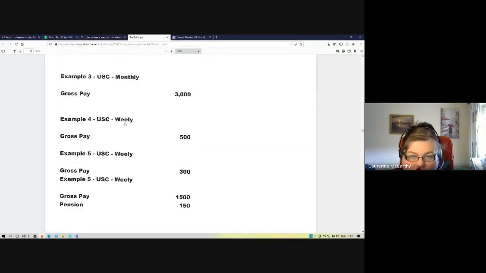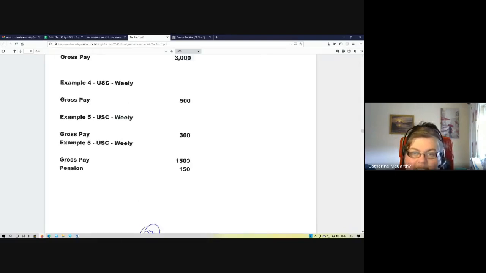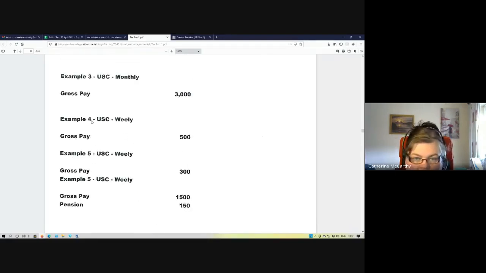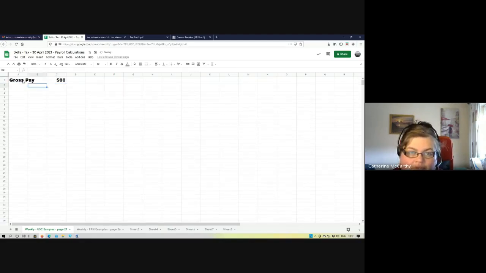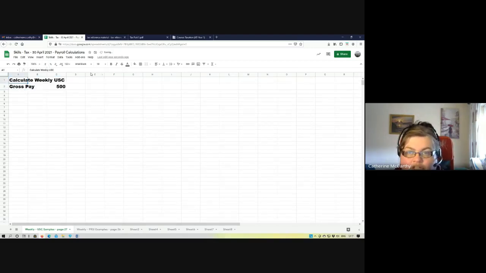As I said, we're here on page 27 and we're looking at example 4. The gross pay weekly now is €500, and we're going to calculate the USC. That's all I'm looking at in this particular one, just the USC by itself.